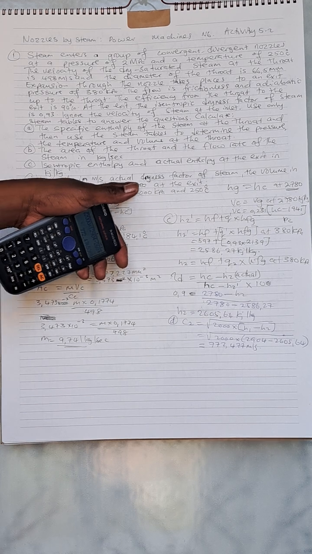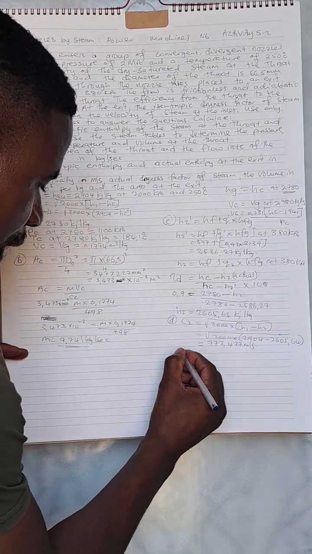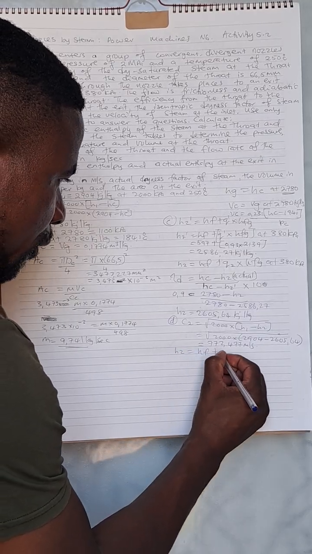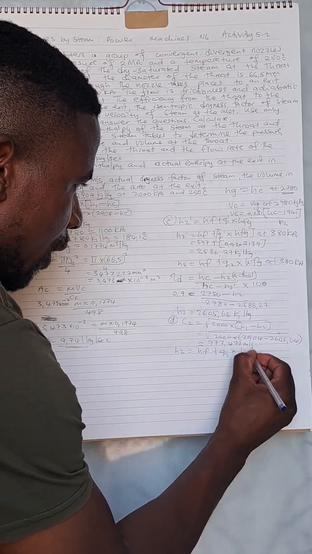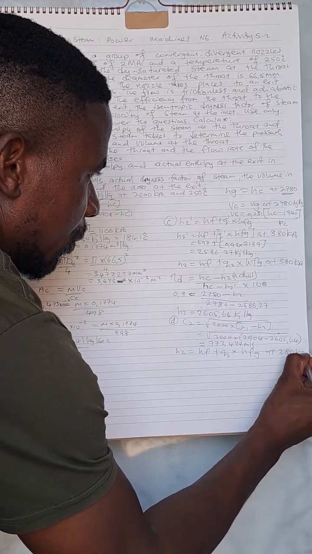So we have our velocity and then we need our actual dryness factor. To get that, H2 equals HF plus Q2 times our HFG at 380 kilopascal.